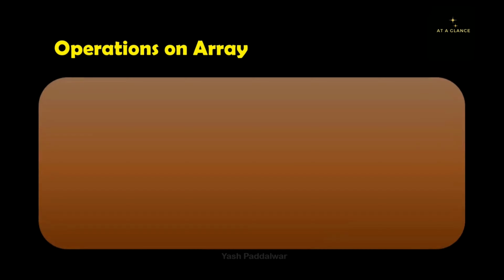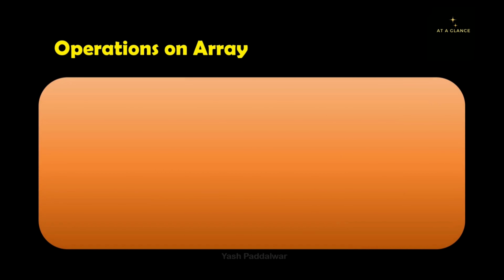Now let's have a look at what operations we can perform on arrays. All the operations which can be performed on arrays are stated below. The first operation is insert. We can insert an element inside the array, and inside the insertion operation there are different ways to insert.